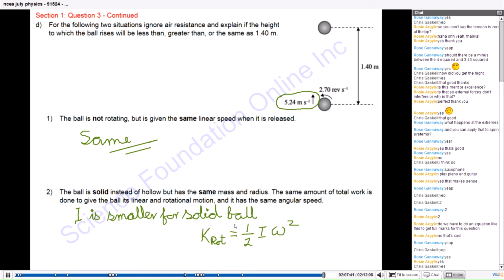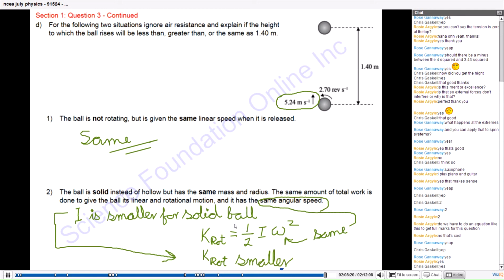So because of this factor, right, and because of that equation, I is smaller, omega is the same, because don't forget it said same angular speed. There we are. The rotational kinetic energy will be smaller: I smaller, same omega, smaller.